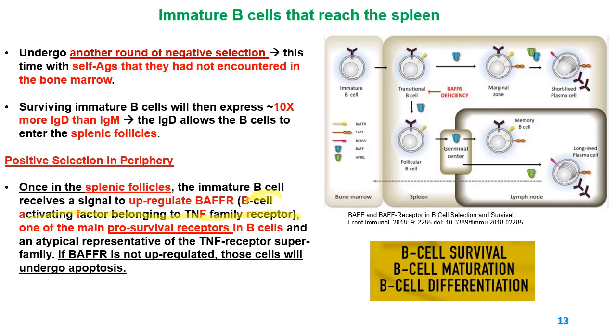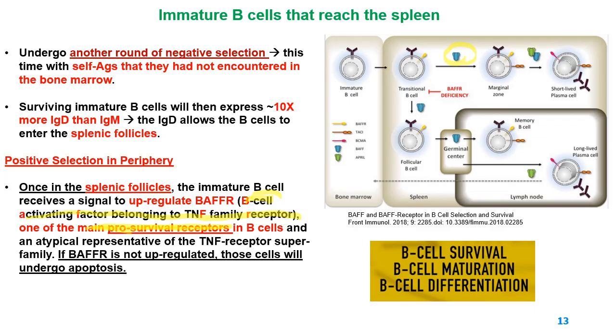Because if you do not activate the expression of this B cell friend forever, then the B cell is not going to survive for a long time. In order for the cell to survive, it needs to have this BAFF, this best friend, on the surface.